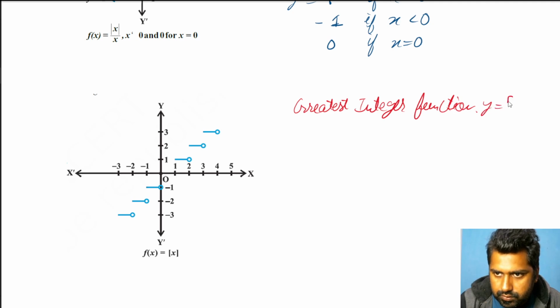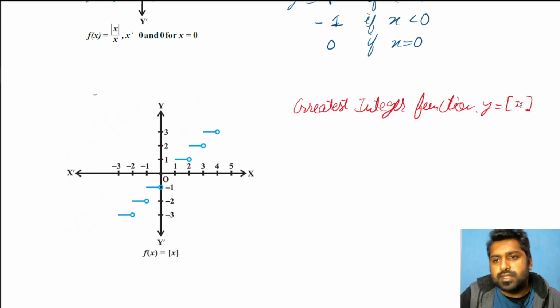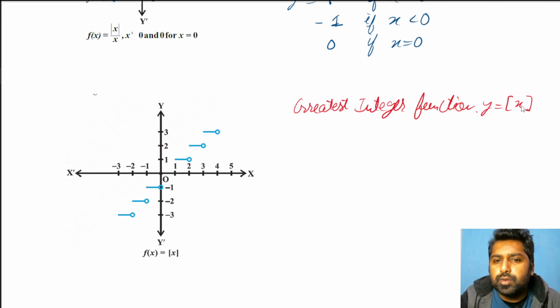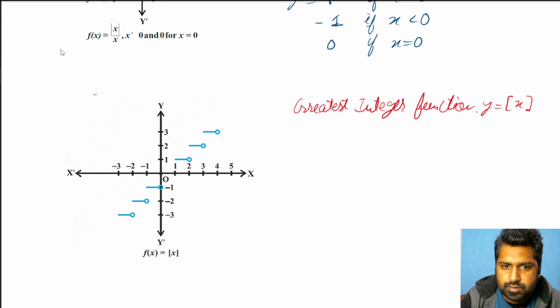Y is equal to square bracket x. So this symbol is fixed, this symbol defines greatest integer function. Although you don't have to get confused about what if the bracket is used for something else. Whenever they want to introduce greatest integer function, they will mention that this represents greatest integer function. So it will be mentioned in the question anyways. But as such, this is pretty much standard, that if y is written like this, y is equal to square bracket x, then that means greatest integer function.